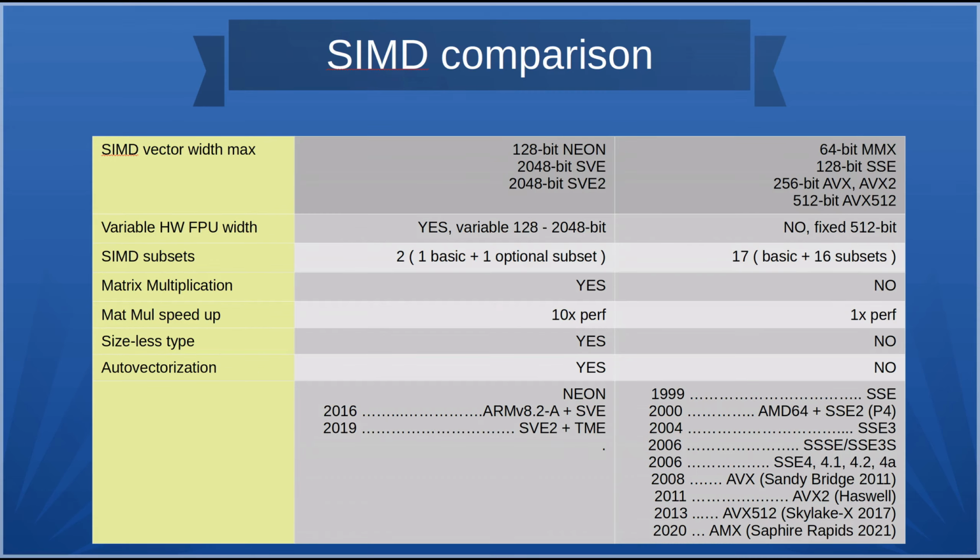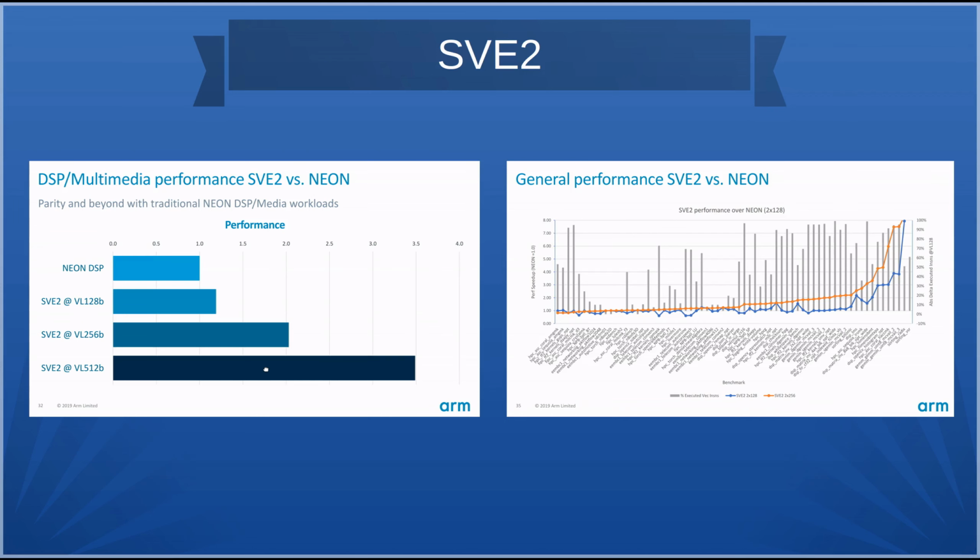So let's take a look at SVE2. These are graphs from ARM official. You can see NEON is 128-bit wide, and you can also have SVE that needs only 128-bit width.